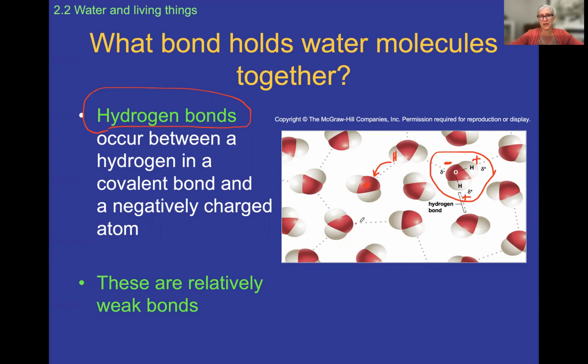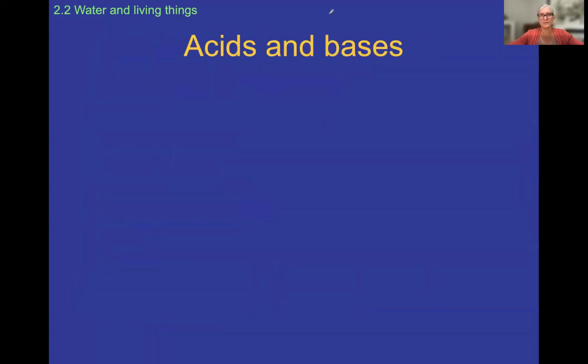So every one of these dotted lines is representing the attraction of a negatively charged oxygen attracted to a positively charged hydrogen of a different molecule. They are relatively weak bonds compared to ionic and covalent bonds.